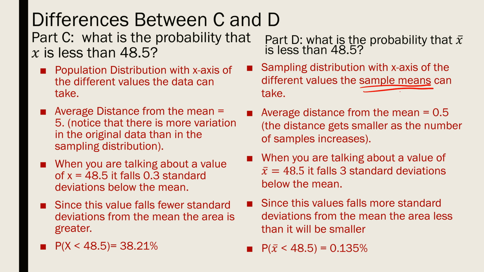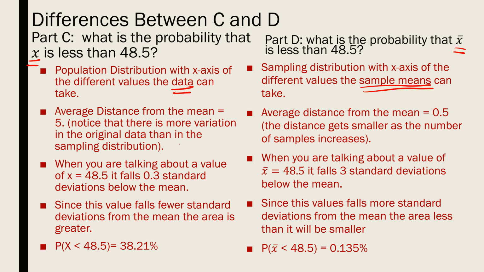This is a keyword, and this is the key difference. Next, the average distance from the mean equals 5. However, in part D, the average distance from the mean equals 0.5.